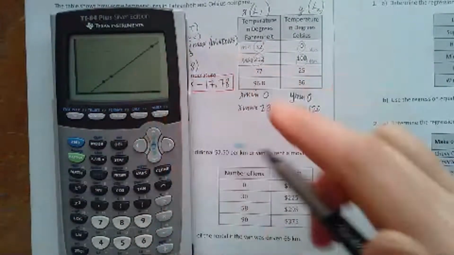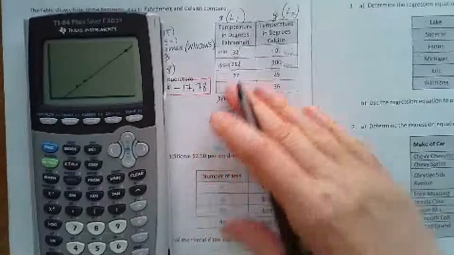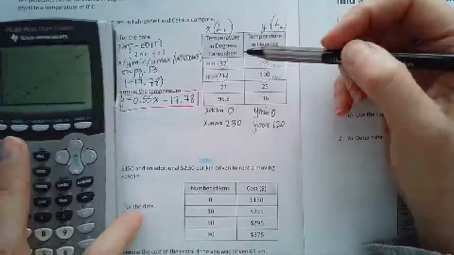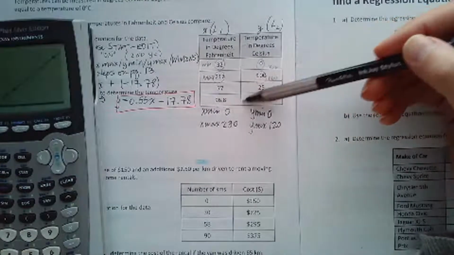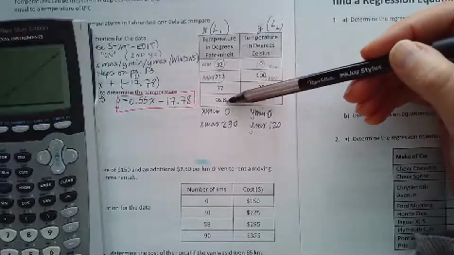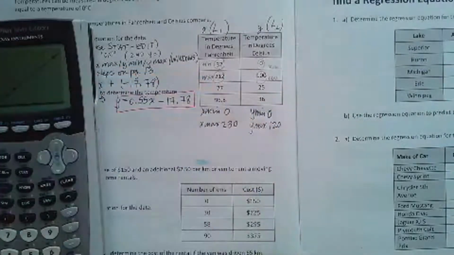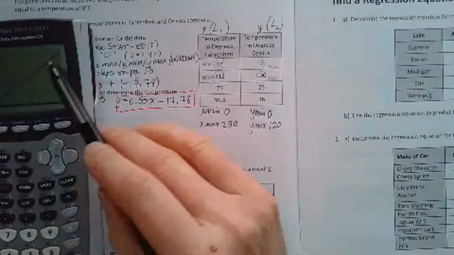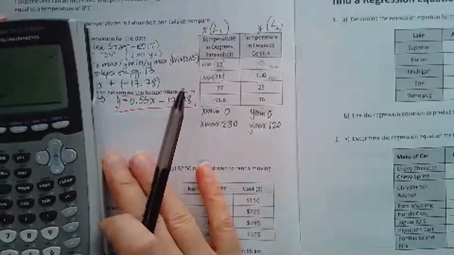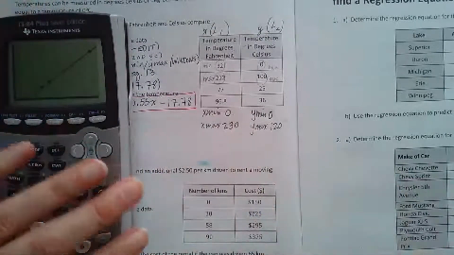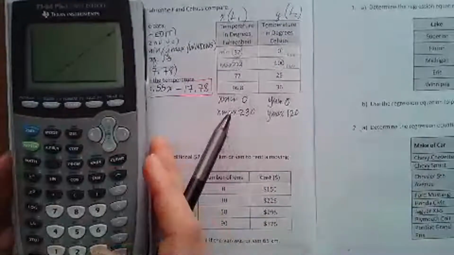That will allow me to answer any other question that you could ever throw at me about temperature. Because if I was just left with the scatter plot, I would just have 4 points plotted, and all I would know is information about those 4 points. Once I have the line coming through the data, I can answer any other question in the world that you could ask me about temperature and degrees Celsius and degrees Fahrenheit.